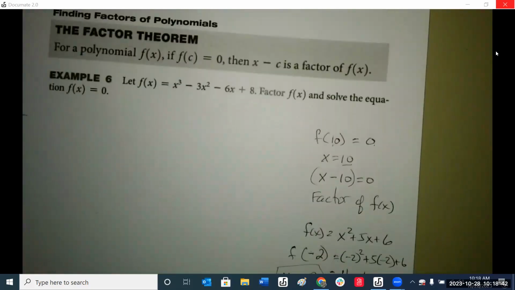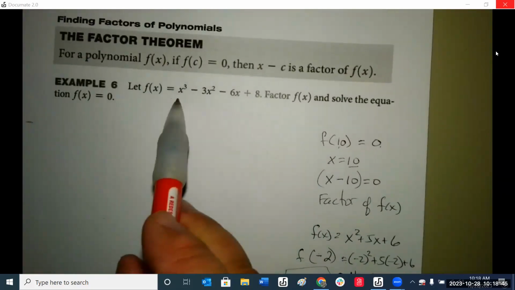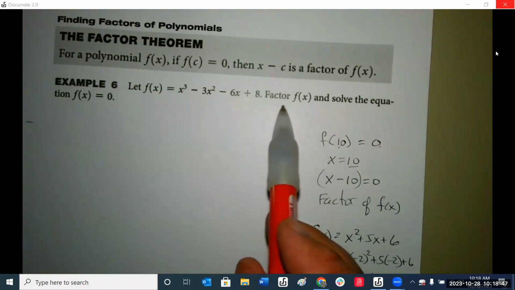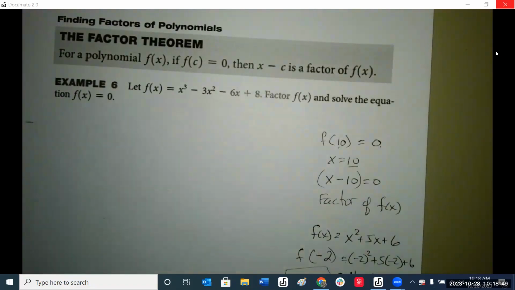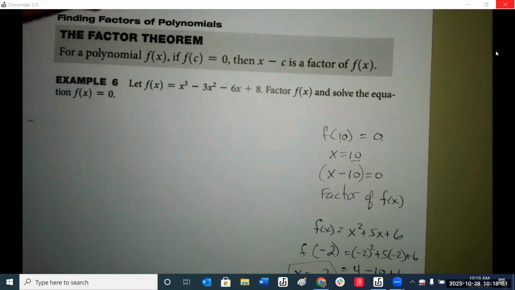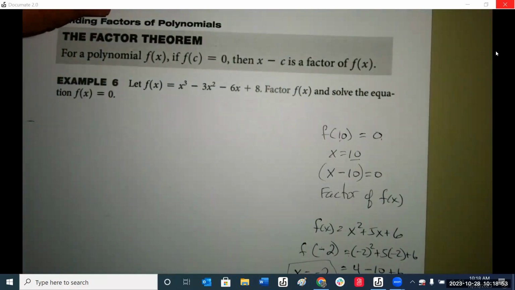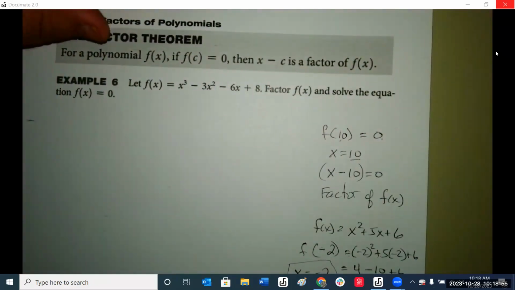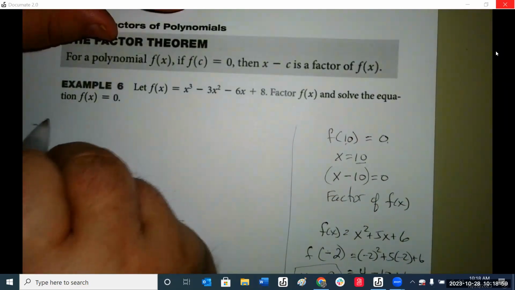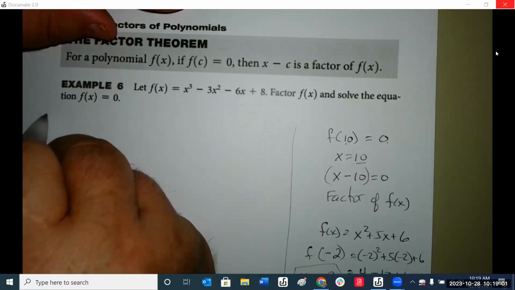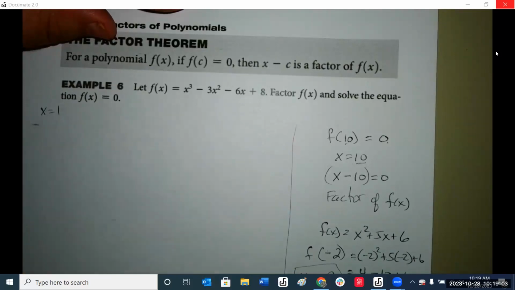So let's look at this. Let this be our polynomial and solve the equation for that. So what this is asking for is to find all the x-intercepts. What we're going to do here, we first start off with x equals positive 1.